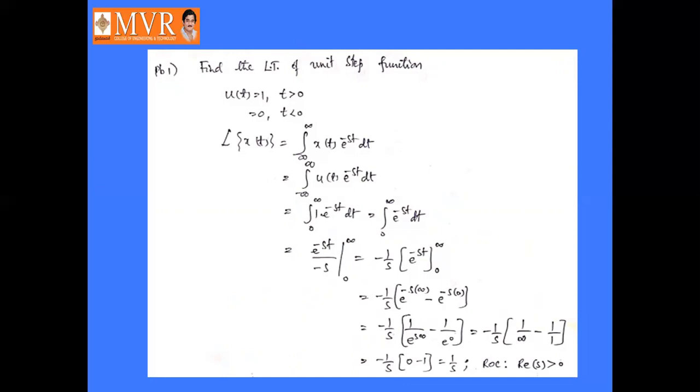And then find the Laplace transform of the unit step function. So here we have done some problems. Okay, so the unit step function is u of t equal to 1.